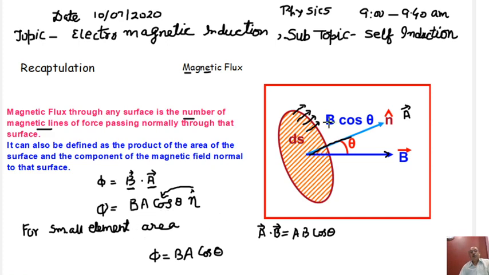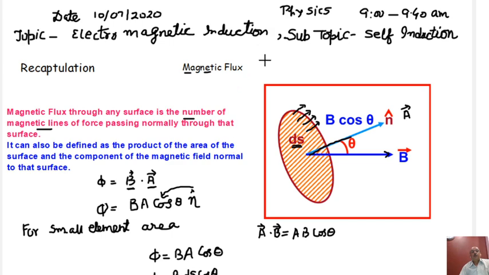For a small element of area, if we say the area is dS, and this shaded area is very small, then the flux will be written as phi is equal to B dS cos theta. Right?